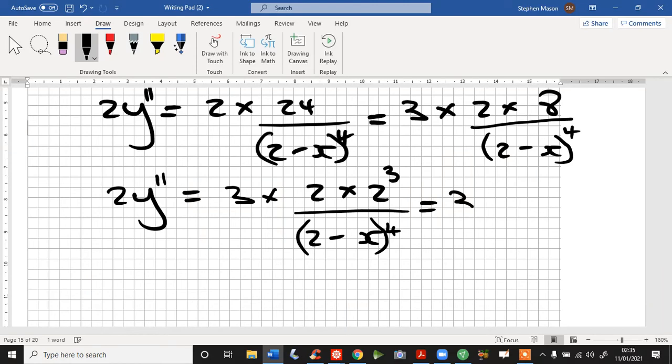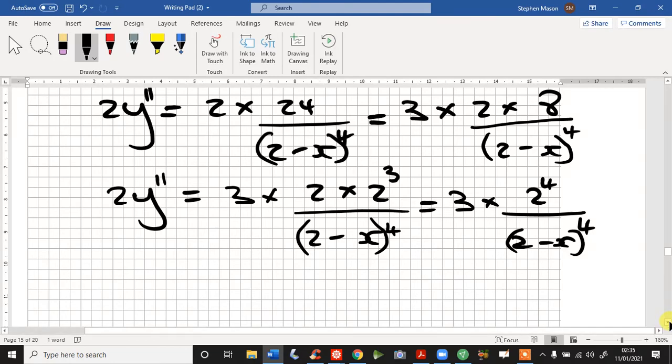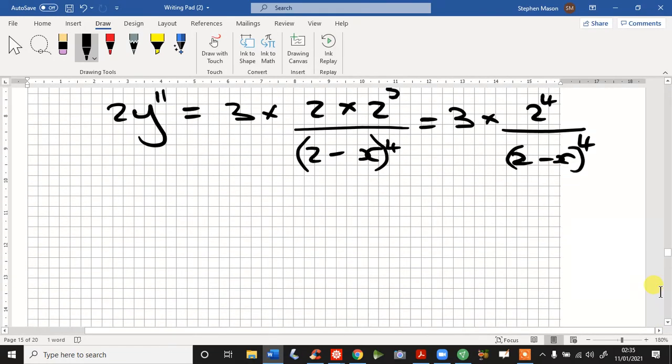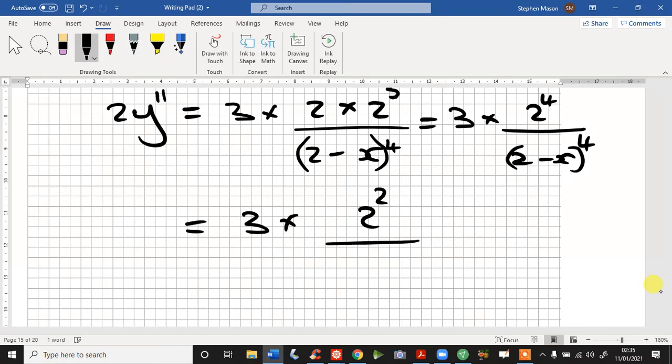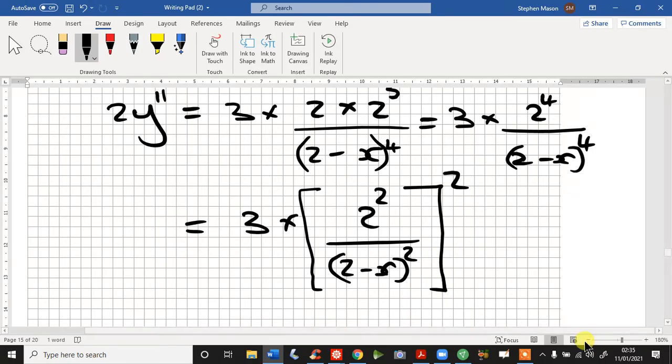This is exactly the same as saying 3 times 2 to the 4 over 2 minus x all to the power 4. Right, how does this help us? Well, let's write this as 3 times 2 squared over 2 minus x all squared, and then we'll write a bigger box there with squares outside it.